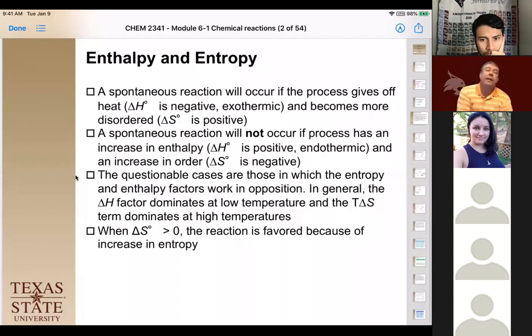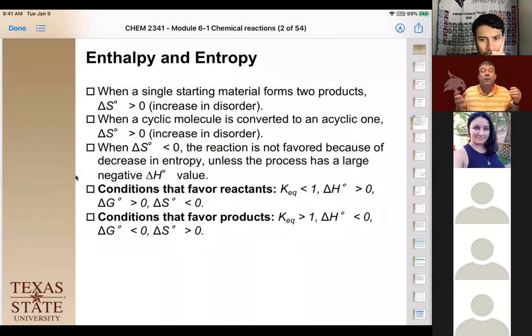That leads us to a generalized rule. The conditions that favor reactants are where you have a very small equilibrium constant, an endothermic reaction, an endergonic reaction, and decreasing entropy. Those mean the reaction is less likely to go.